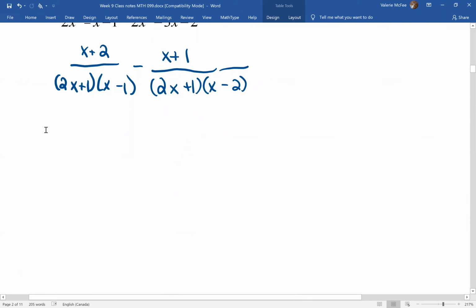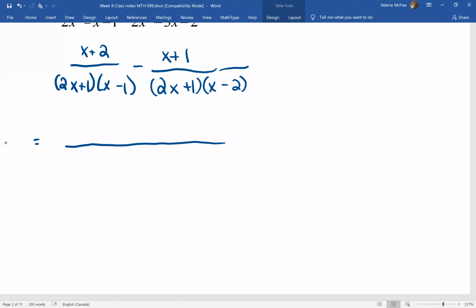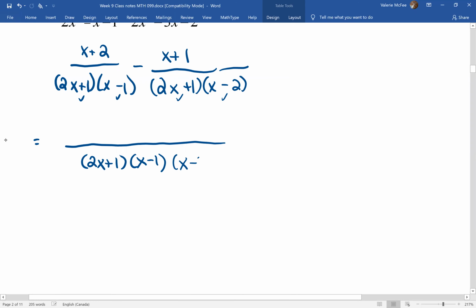Now we need the lowest common multiple of our denominators. My first expression needs 2x plus 1 and x minus 1. The second expression needs 2x plus 1. We already have it. And x minus 2.